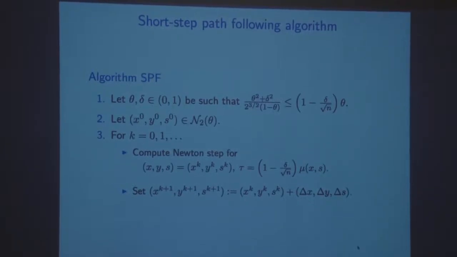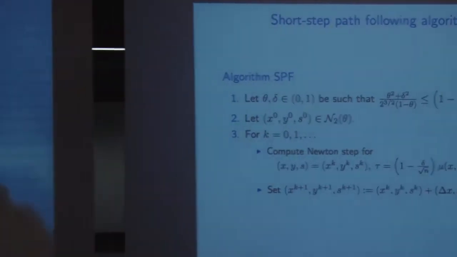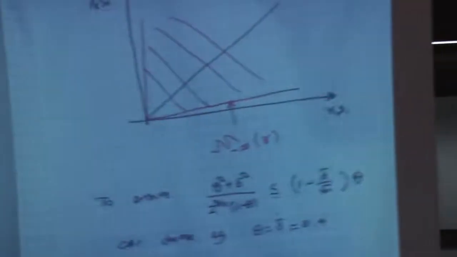If instead of the 2 neighborhood, we use the one-sided infinity neighborhood, the steps can be much bigger. So that would be the difference between trying to stay in a tiny neighborhood like this or being allowed to stay in a much bigger neighborhood. So because of that reason, this is called short step. This is long step.